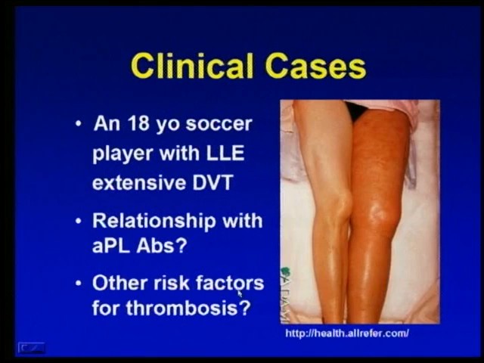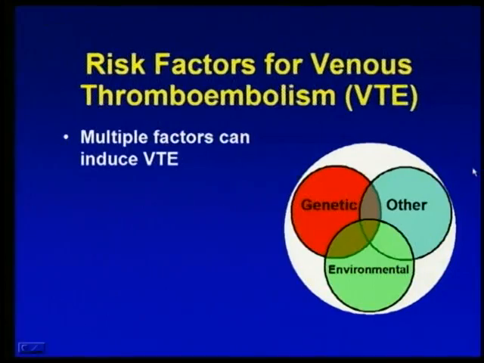what other things do we need to think about in terms of thrombogenic risk factors, acquired or genetic risk factors? And this is where we hematologists come into play. We see many of these patients. In general, we think about thromboembolism, venous thromboembolism, or VTE, as being the end result of often multiple risk factors.